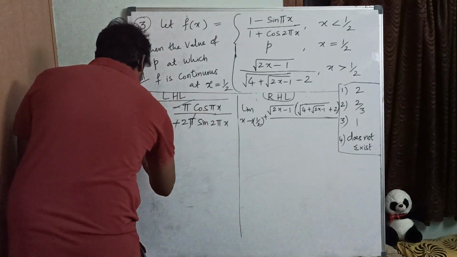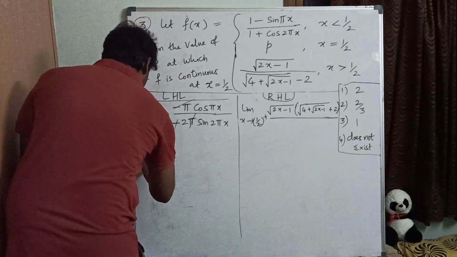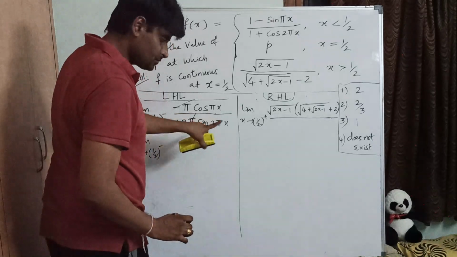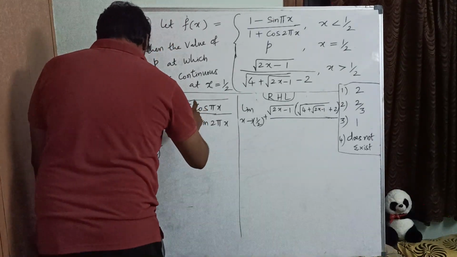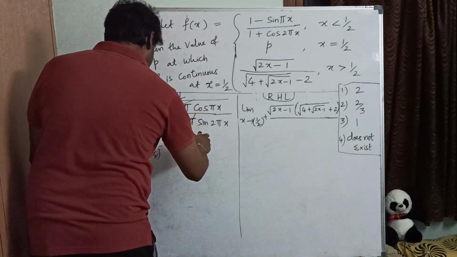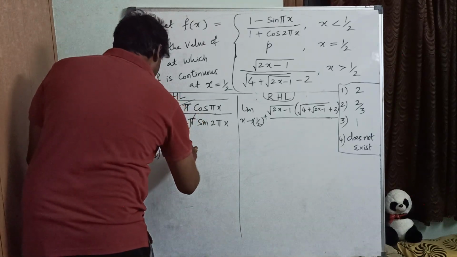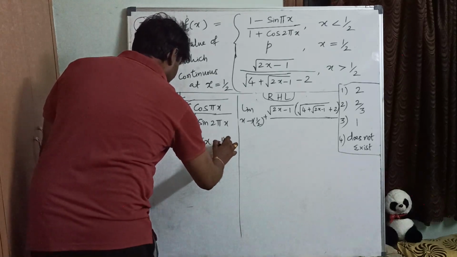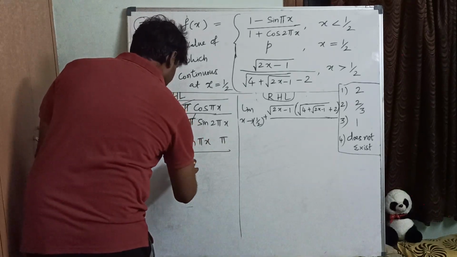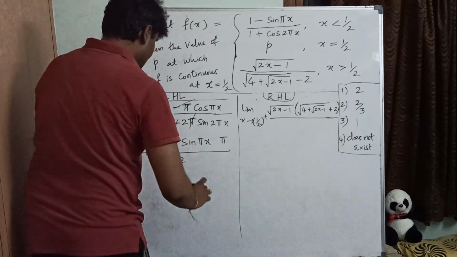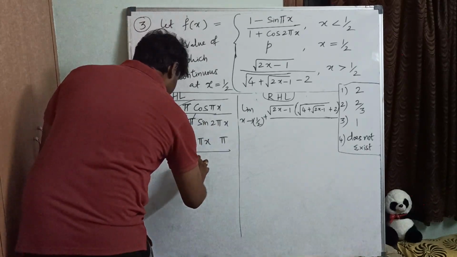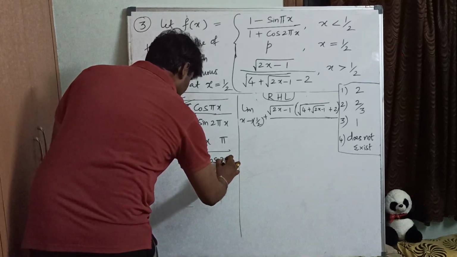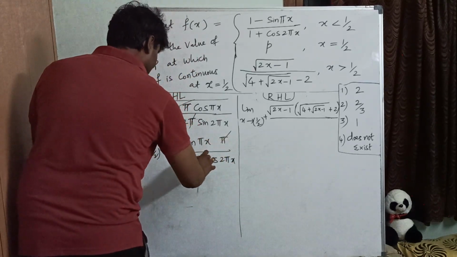Observe there, limit x tends to 1/2 minus. Now again if you differentiate this, what will you get? The derivative of cos pi x is sin pi x again into pi, correct? After that, again 2 pi multiplied here, so 2 pi cos 2 pi x. Again pi gets cancelled there.